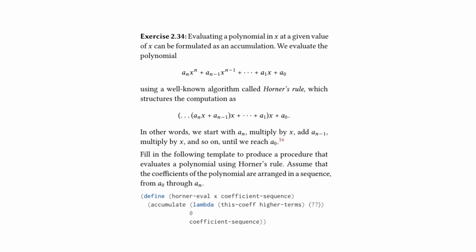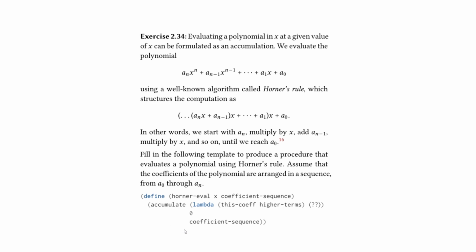It's basically recursively multiplying your accumulator by X and then adding the current coefficient, and then you just continue to do that. In other words, we start with a_n, multiply by X, and then add a_(n-1), and so on and so forth. And then it asks you to fill in the following template in order to get this behavior.